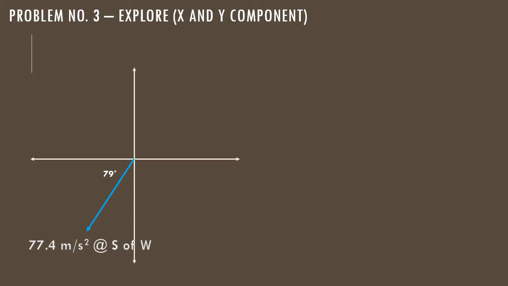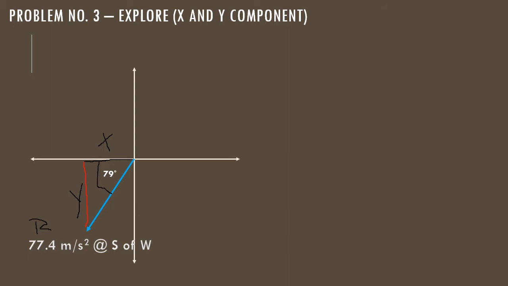So kukunin natin yung x and y component. Since given na yung 79 degrees angle, then may resultant na tayong 77.4. Kukunin natin ay yung x and y component.